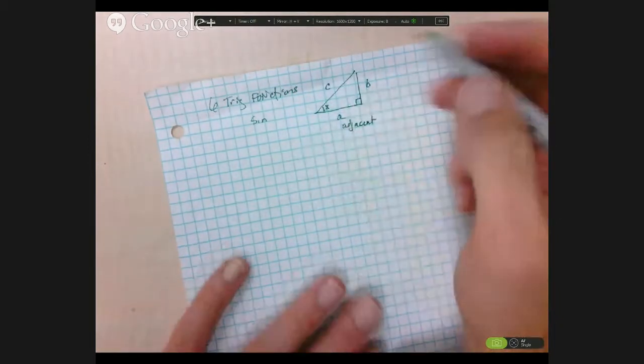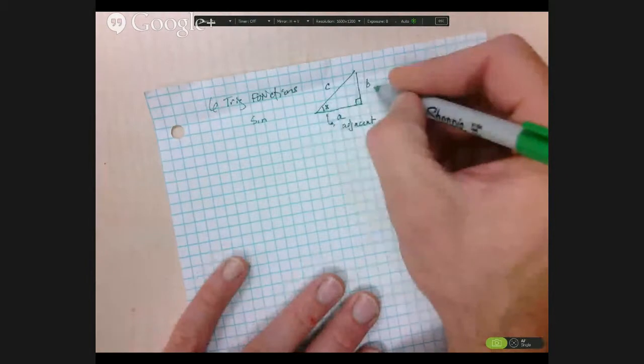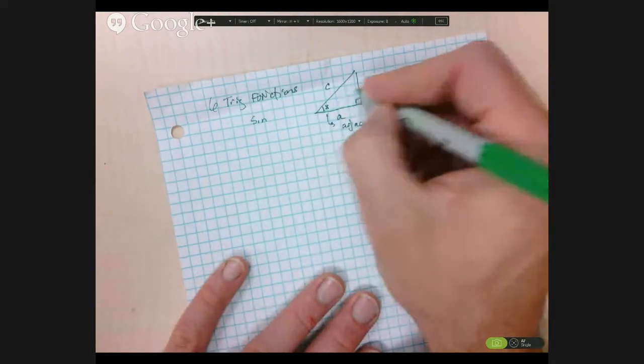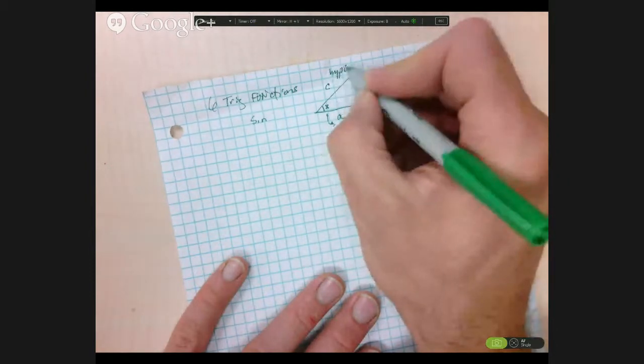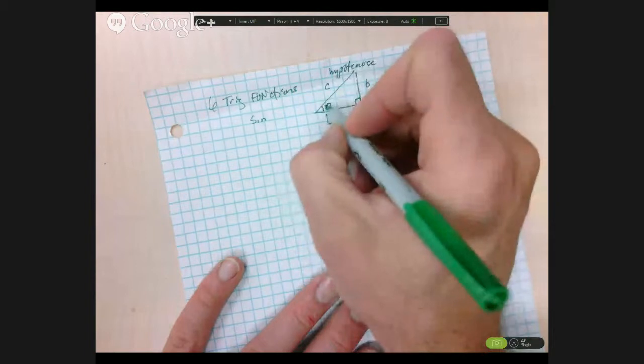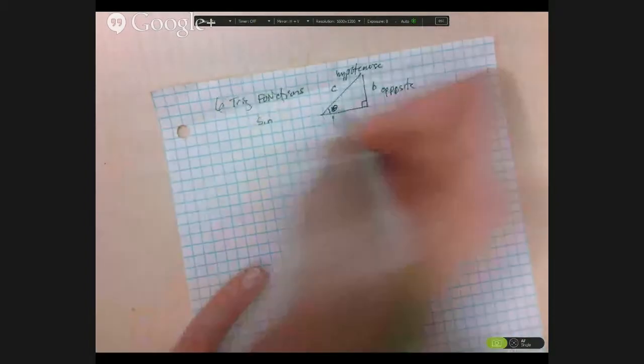Remember that this is adjacent to this angle, this is opposite because we're coming across, and this is the hypotenuse. We're actually going to introduce you to a Greek letter, theta.